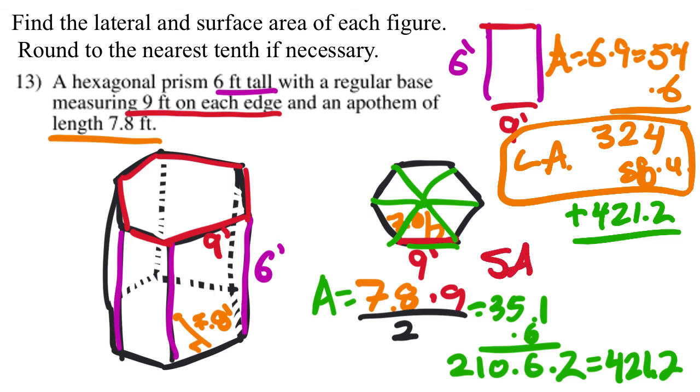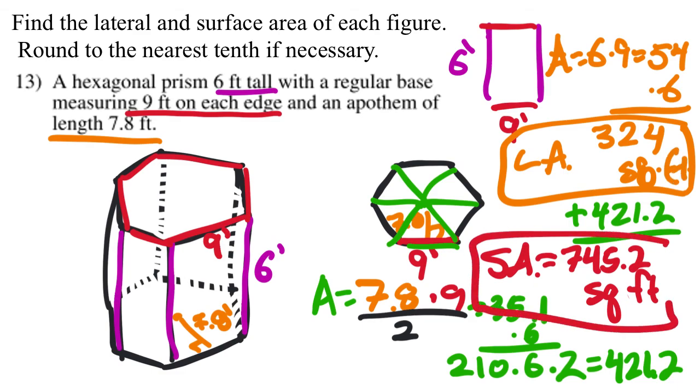So the final total surface area, 324 plus 421.2, and I get 745.2. Not units, I apologize. This is in feet, right? We do know the units on this one. Square feet. So yeah, the lateral surface area also in square feet. And that completes the problem.